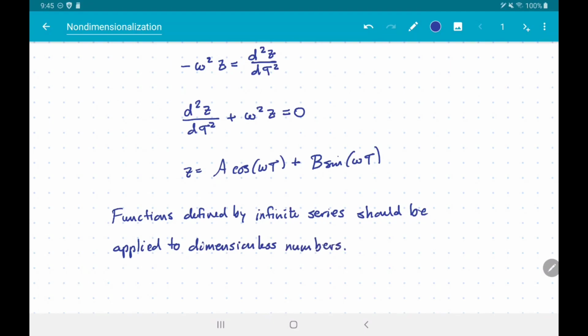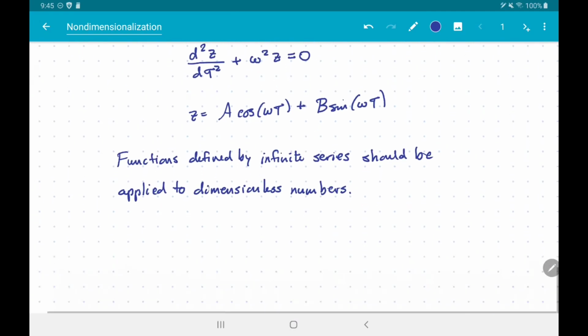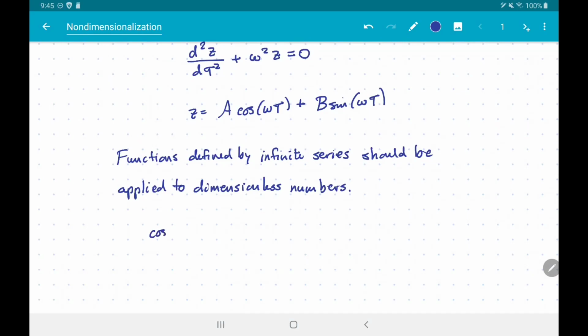So for example, cosine of 5 meters doesn't make sense because meters is a unit of length. The reason for this, right, is that cosine of theta, for example, is defined as follows. Well, sorry, not defined, but it has an expansion as follows.